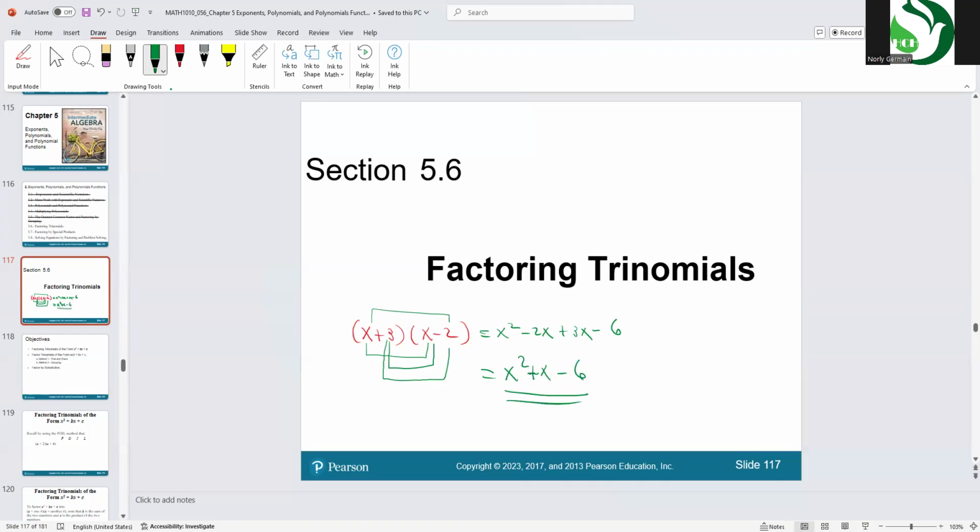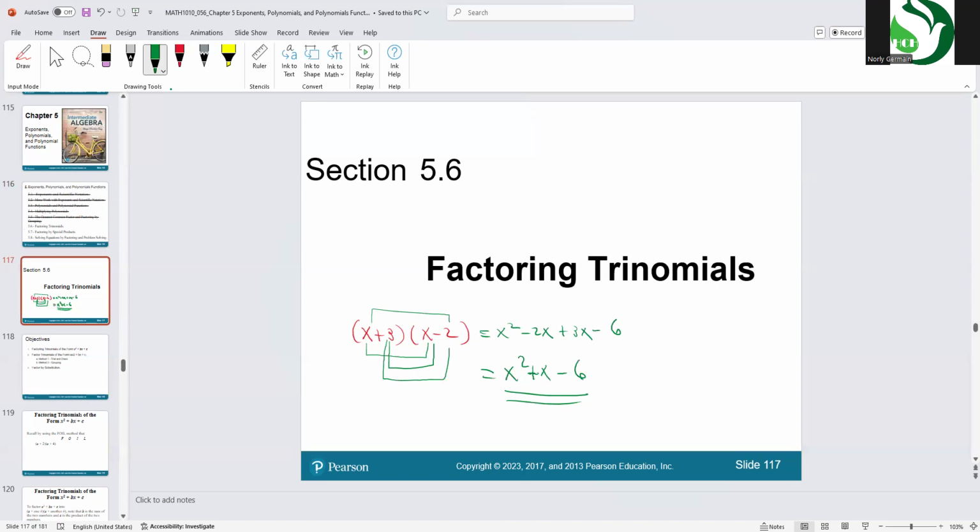So now our goal: x plus 3 times x minus 2 is a factored form of x squared plus x minus 6.